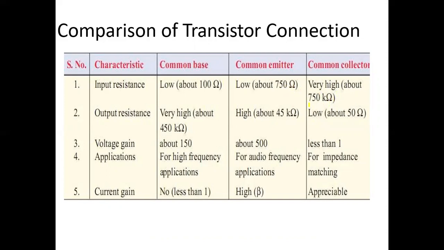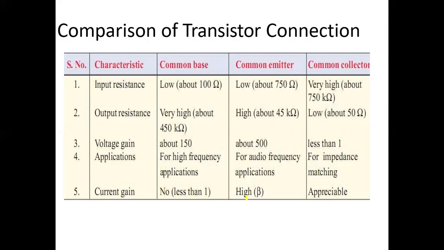For common base, output resistance is very high, but for common collector, output resistance is very low. The voltage gain is 150 for common base, 500 for common emitter, and less than 1 for common collector. The applications are high frequency application, audio frequency application, and impedance matching. For current gain, common base has no current gain, it is less than 1.